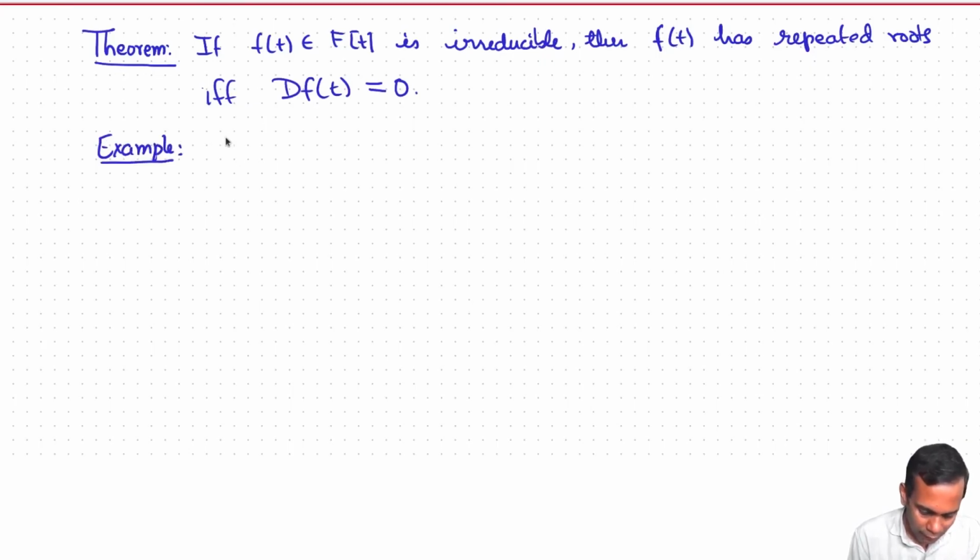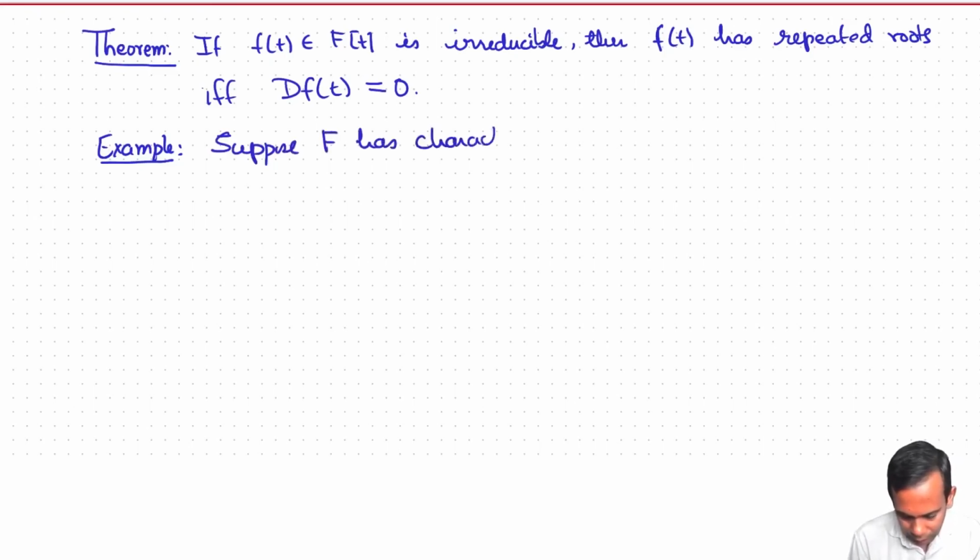So suppose F is a field of characteristic p. This means that in F you start with 1, which definitely is the multiplicative unit of F. You take 1 plus 1, 1 plus 1 plus 1, and so on.